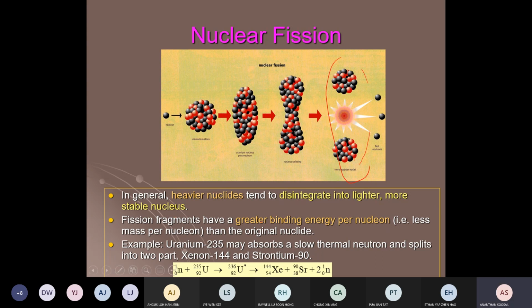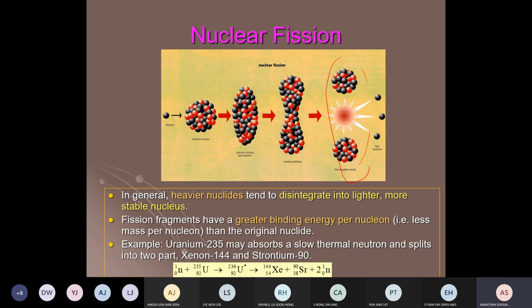So you see the process at the bottom here. A neutron gets into the 235 uranium, becoming 236. 236 is metastable, not a very stable nucleus, and splits into xenon and strontium, and 2 or 3 neutrons are produced.